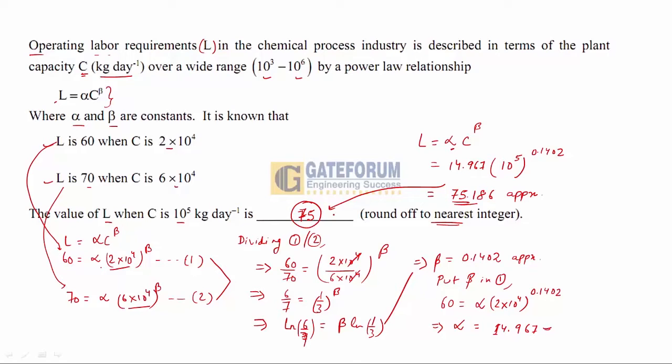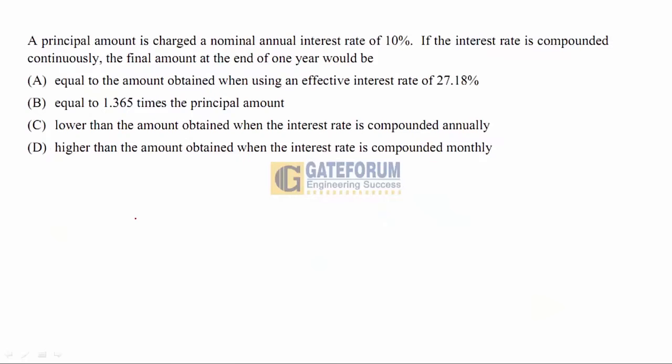So what this question is saying is that a principal amount is charged a nominal annual interest rate of 10%. If the interest rate is compounded continuously, this word is very important for us.